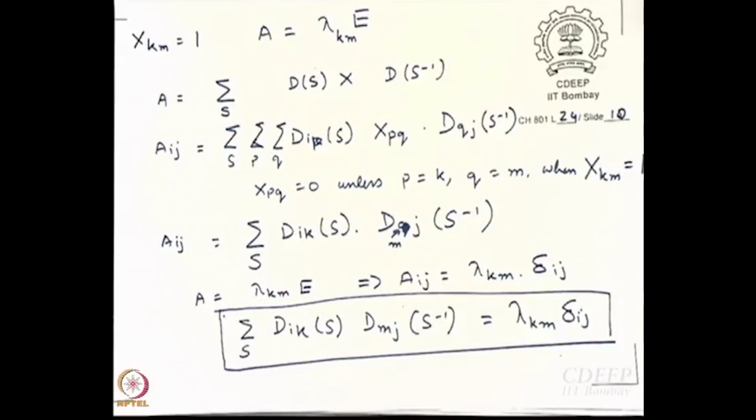Can you set i equal to j and see what you get? Just instead of j, you write i. What do you get? It's not very different. Sum over S of d_ik(S) d_mi(S inverse) is equal to lambda km, isn't it?